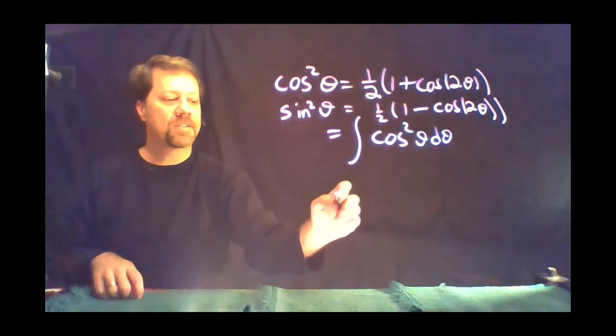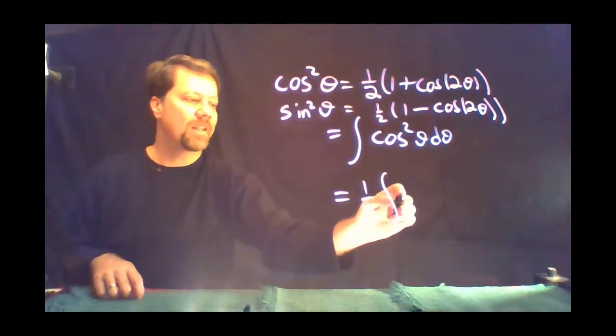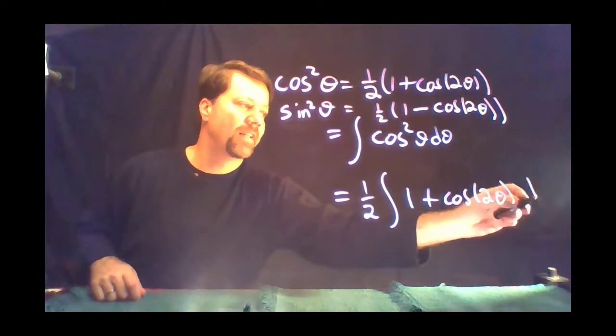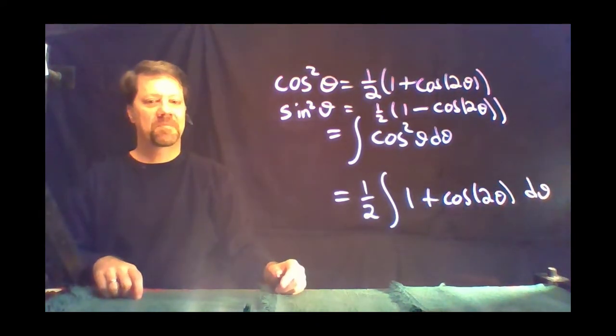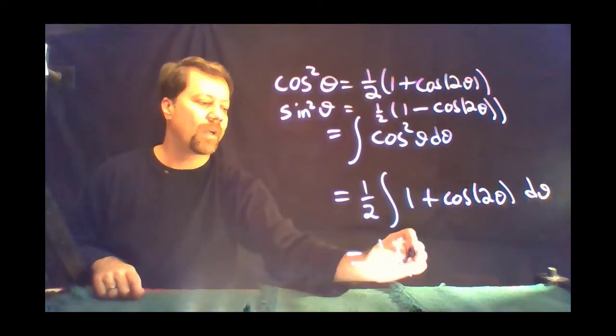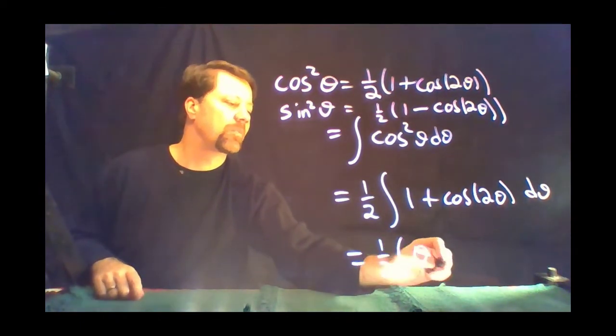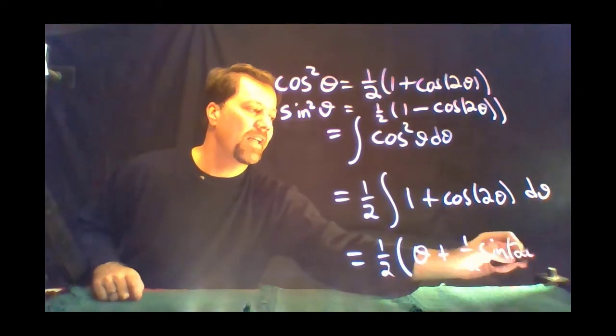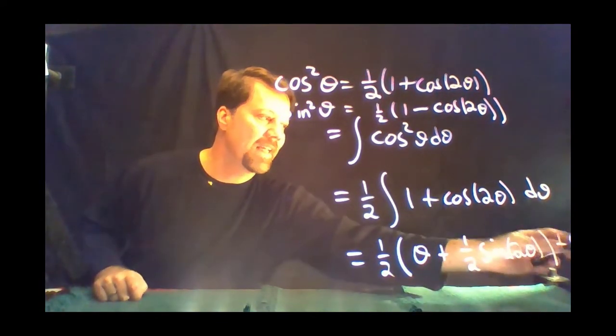For us, we get 1/2 times the integral of 1 plus cosine 2 theta d theta. When we integrate that, we get 1/2 times the quantity theta plus 1/2 the sine of 2 theta, plus c.